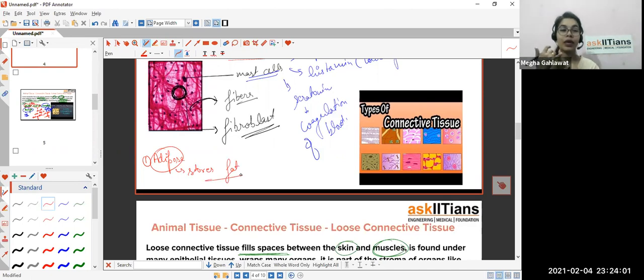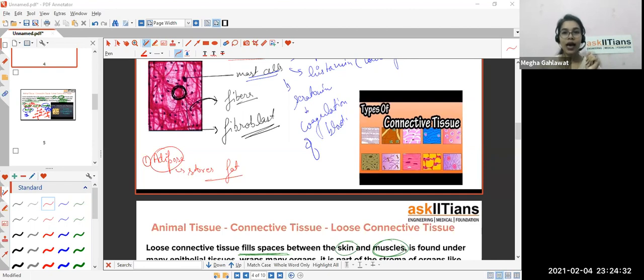So it is acting as an insulator, and it helps in preventing our body heat from escaping, and it also is acting as a blubber. Okay, so whatever hits you doesn't immediately affect your internal organs because you have a lot of adipose tissue stored underneath your skin. But it can also lead to obesity if you eat a lot of fat, so don't do that. Okay, be very active, be very healthy, and exercise at all times. Okay, so that is one thing.